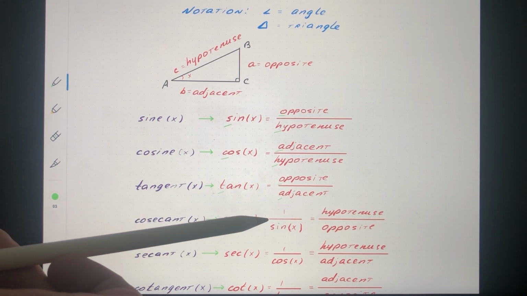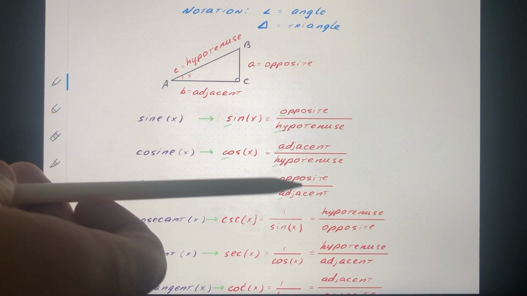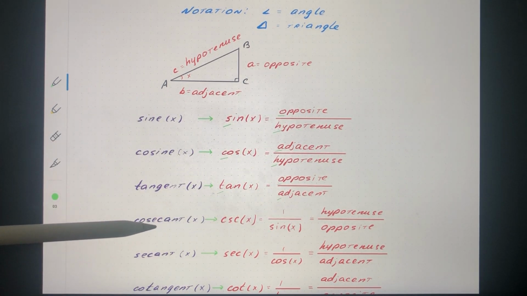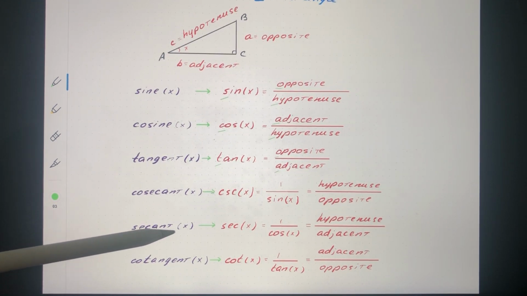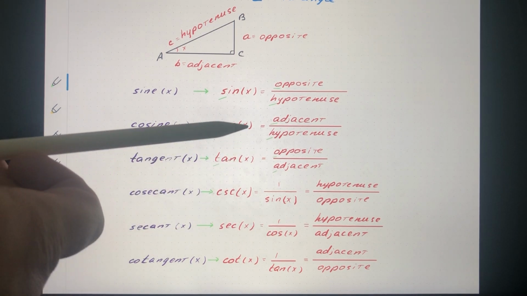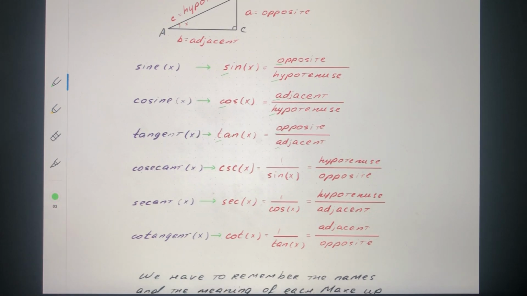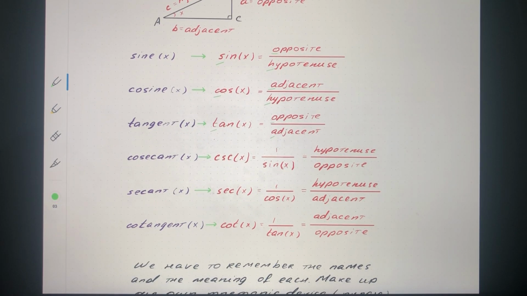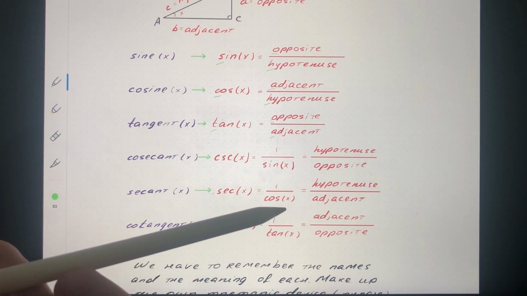And if you look at the sine, which is opposite over hypotenuse, and divide them backwards, you get hypotenuse over opposite. And that's exactly what the cosecant is. Now, the secant is 1 over cosine, and so if we divide the cosine backwards, we'll get hypotenuse over adjacent. The last one is the cotangent, and that is 1 divided by tangent, which is adjacent over opposite.